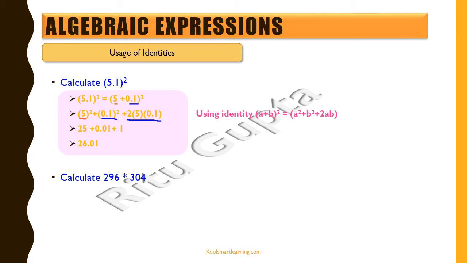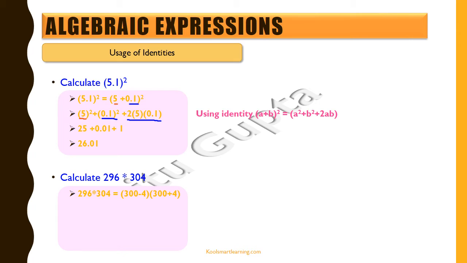Now supposing we have to calculate 296 multiplied by 304, of course you could do a simple arithmetic multiplication to do it, but let's see, using the identity, a simpler and faster way of calculating this. So now we could write 296 as 300 minus 4, and we could write 304 as 300 plus 4.